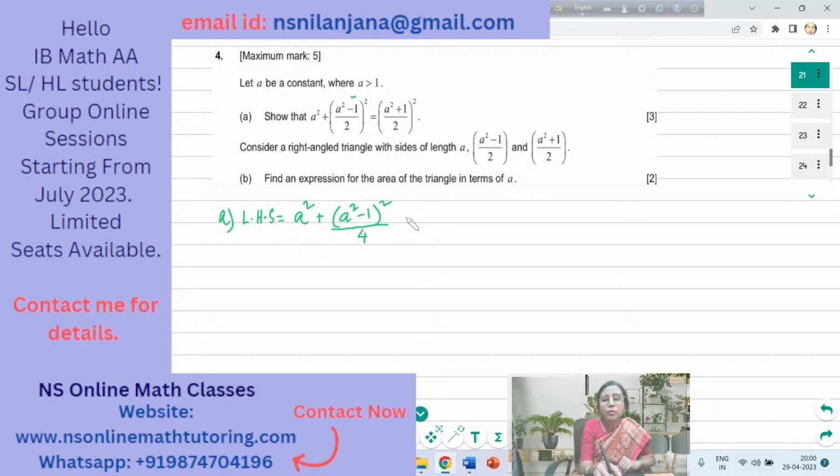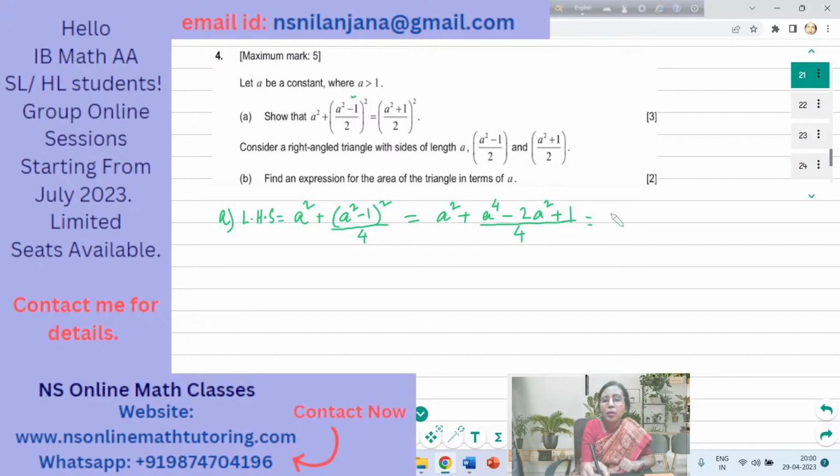This is equal to A square plus (A square) whole square, which is A to the power of 4, minus 2A square plus 1 over 4.